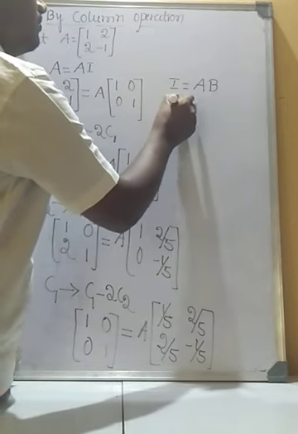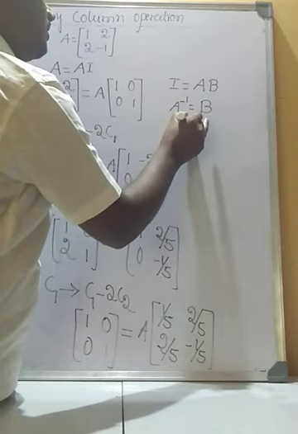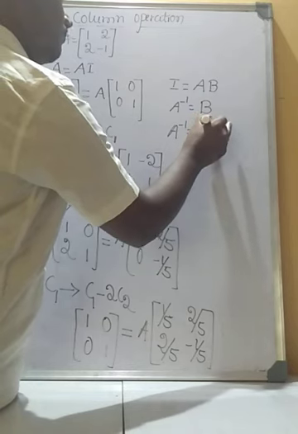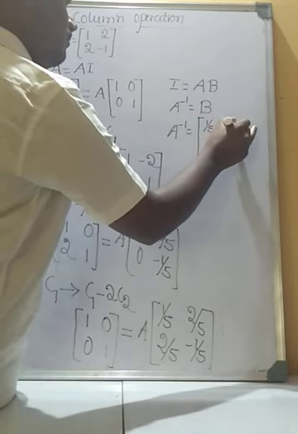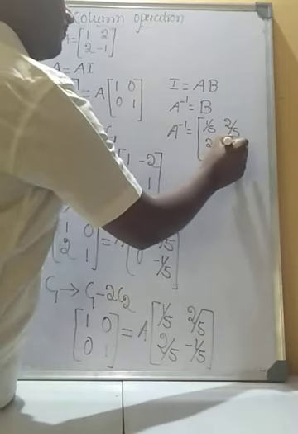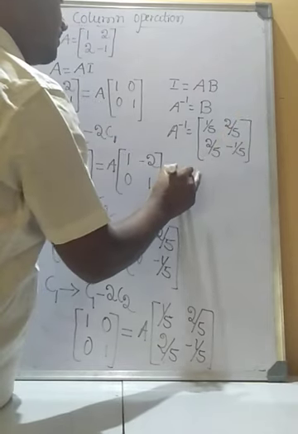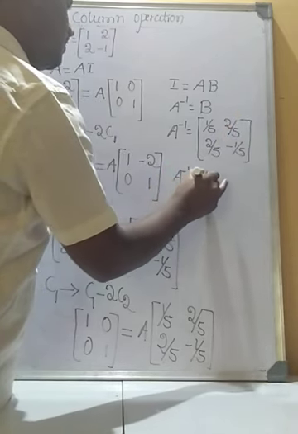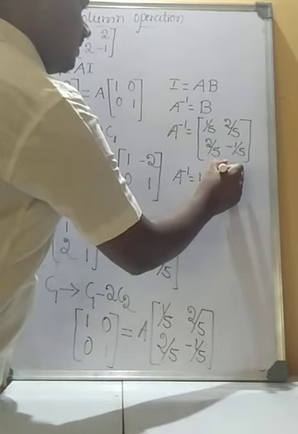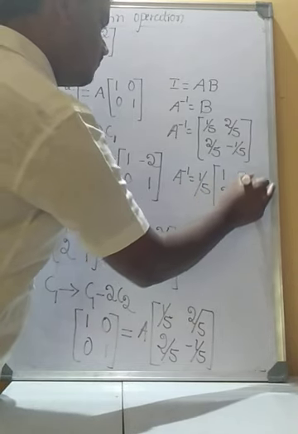So therefore A inverse is equal to B. Therefore A inverse is equal to [1 by 5, 2 by 5; 2 by 5, minus 1 by 5], or we can write A inverse is equal to 1 by 5, taking it outside, the matrix [1, 2; 2, -1].